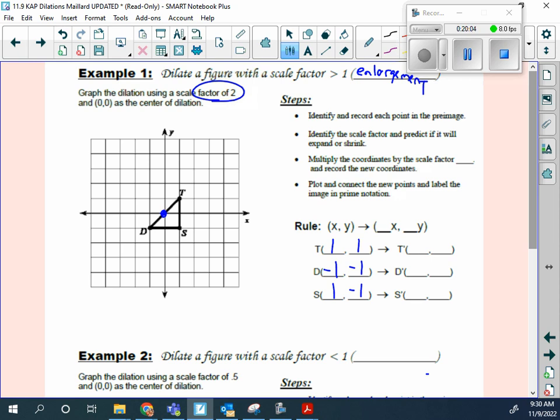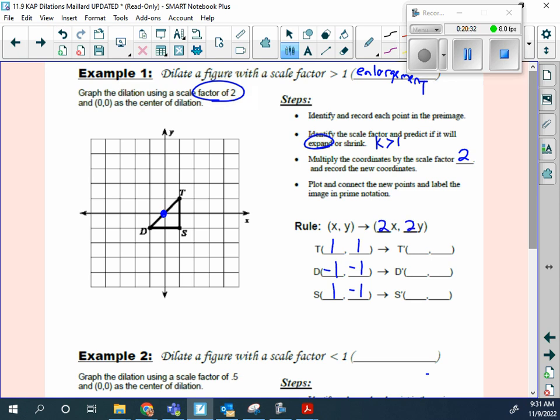All right, step 2. Identify the scale factor and predict if it will expand or shrink. Well, the scale factor is 2, so that means it's greater than 1. So what's it going to do? Expand. Step 3, multiply the coordinates by the scale factor 2 and record the new coordinates. So guys, look right here. If I have a rule, x, y, what am I going to do with x and y?